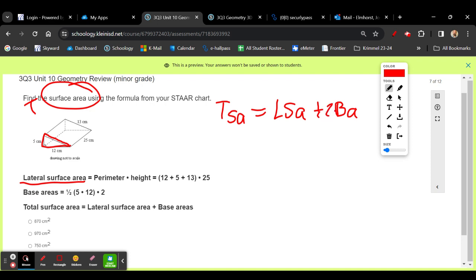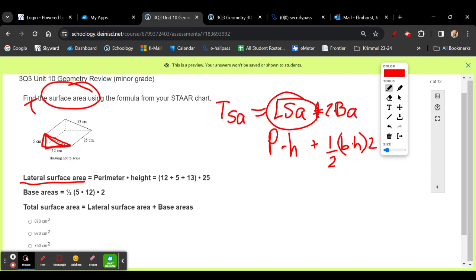So the lateral surface area is going to be perimeter times the height, and then the base area is going to be a triangle. So that's 1/2 base times height of the triangle, and then there's 2 of those, so we're going to multiply that by 2.